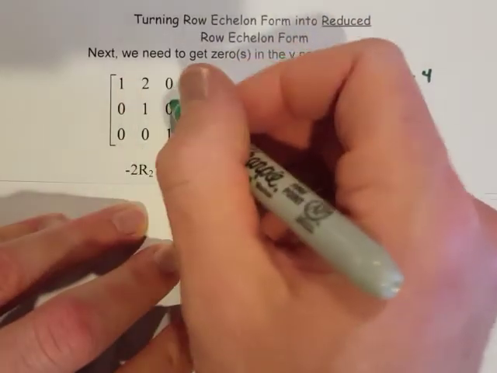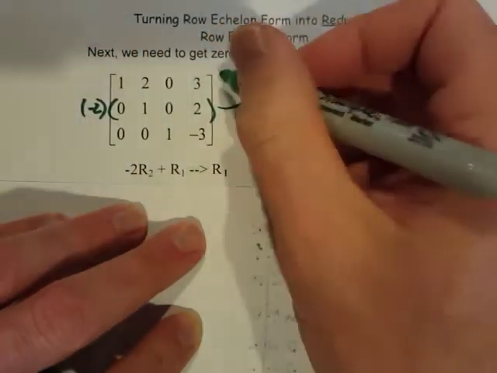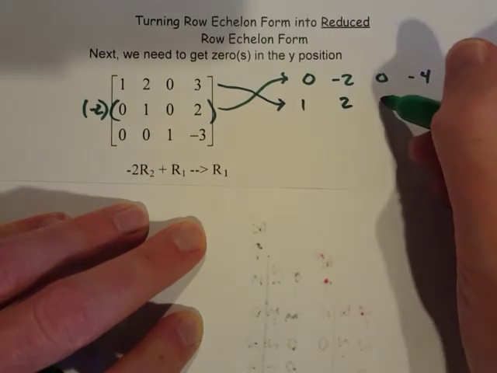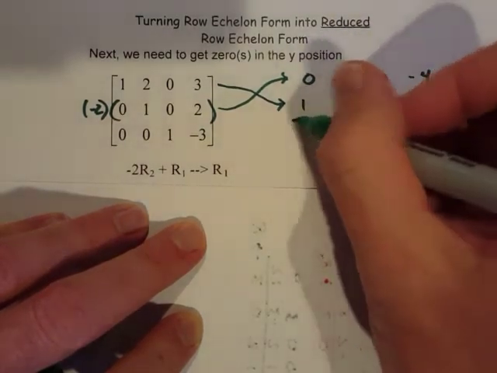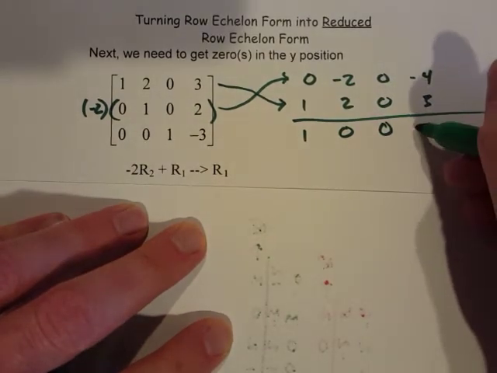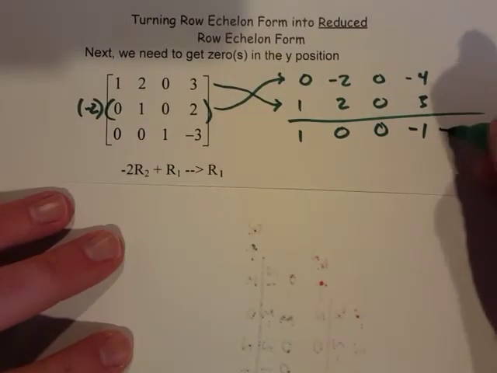Multiply that whole row by -2. And then we'll add that to this row, 1, 2, 0, 3. Put those together: 1, 0, 0, and -1. Alright, we're replacing row 1.